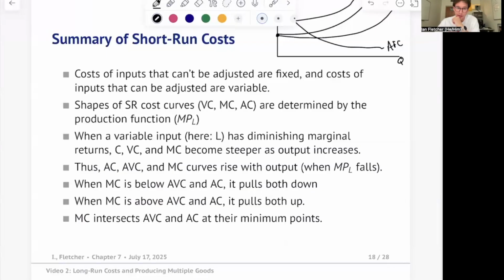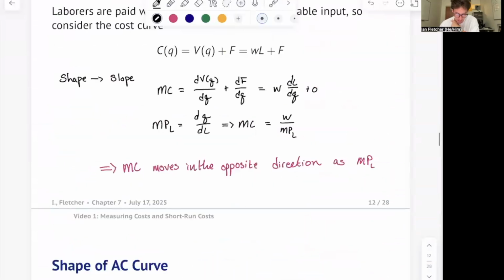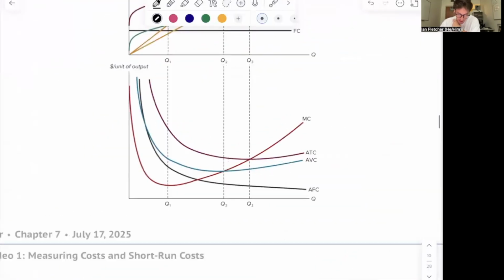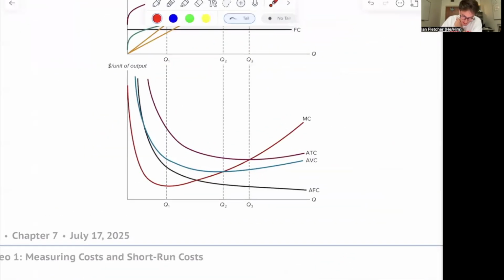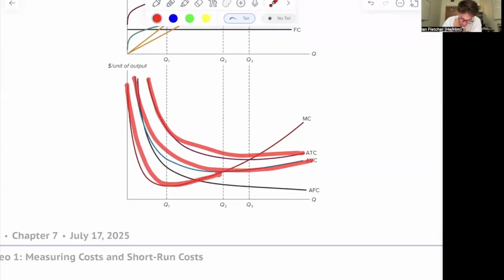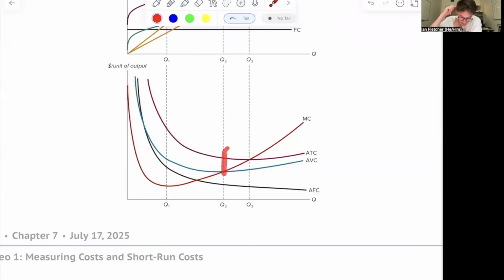When the marginal cost curve is below the average variable cost and the average total cost, it's going to pull both down. So if we come back up here, this is our average total cost here, and this was our average variable cost. When our marginal cost was below both of them, notice that they don't start picking up until the marginal cost curve passes them, right?